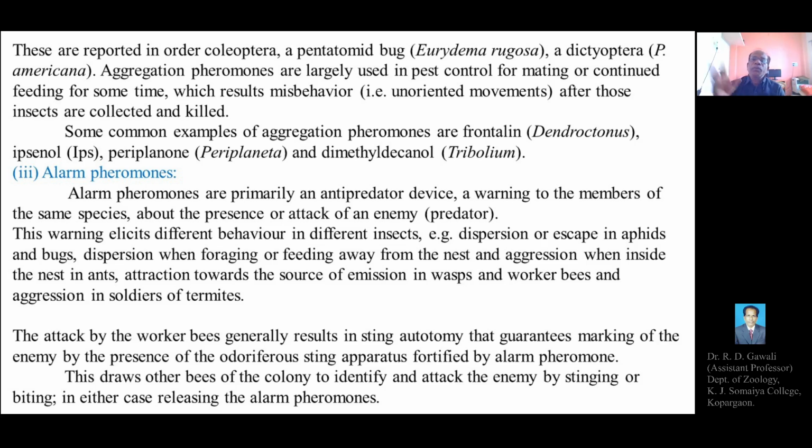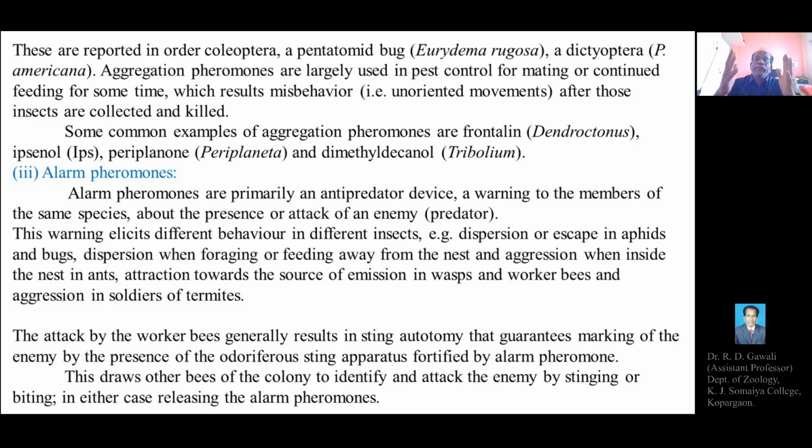For example, dispersion or escape in aphids and bugs. So whenever aphids secrete the alarm pheromone, this will lead to the escape, dispersion or spread of the aphids and bugs. Then dispersion when foraging or feeding away from the nest. When the insects which are undergoing feeding activities or foraging are present away from the nest, they will also get dispersed.